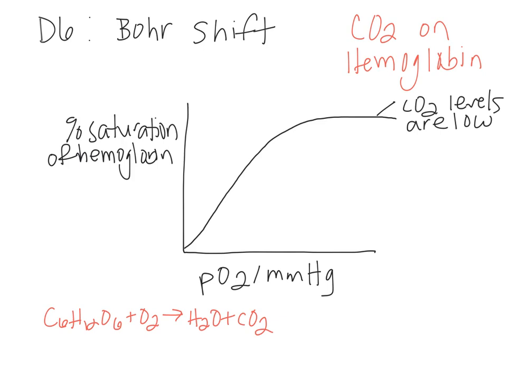And carbon dioxide levels are going to be low when tissues are more at rest. They're not actively respiring so much. So we're not talking about times of exercise or any exertion. Now, when carbon dioxide levels are high, we experience what we call the Bohr shift. And that's going to look something like this.